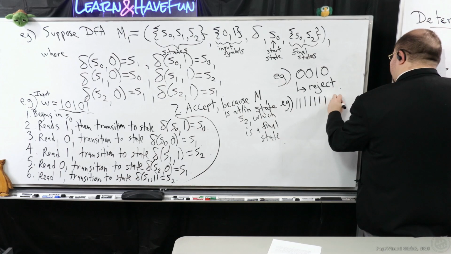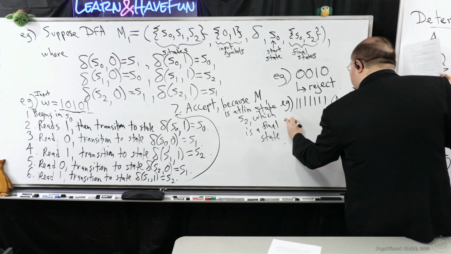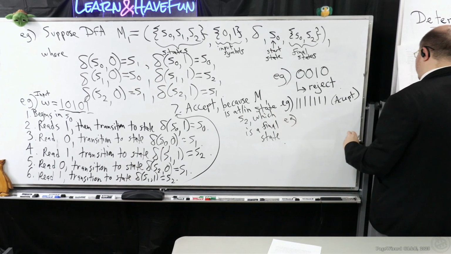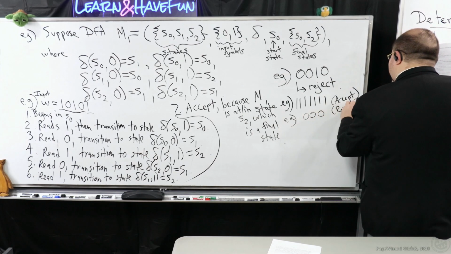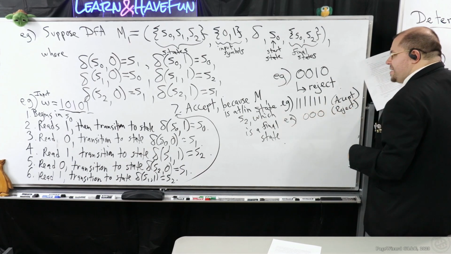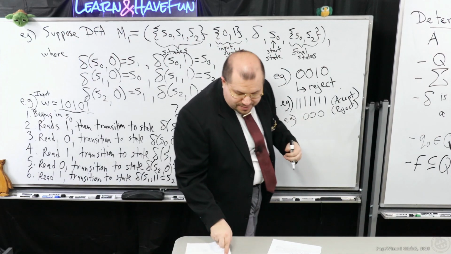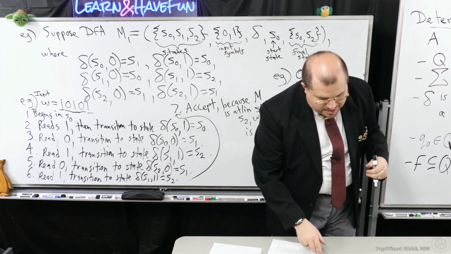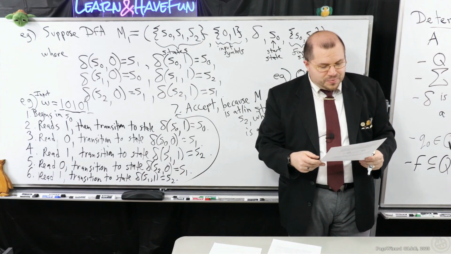In this case, it accepts. I encourage you to try walking through with this example. Also have 3 zeros. It rejects in this case. I encourage you to try walking through this process with each one of these. I have some other ones too, but I'll leave those in the notes.